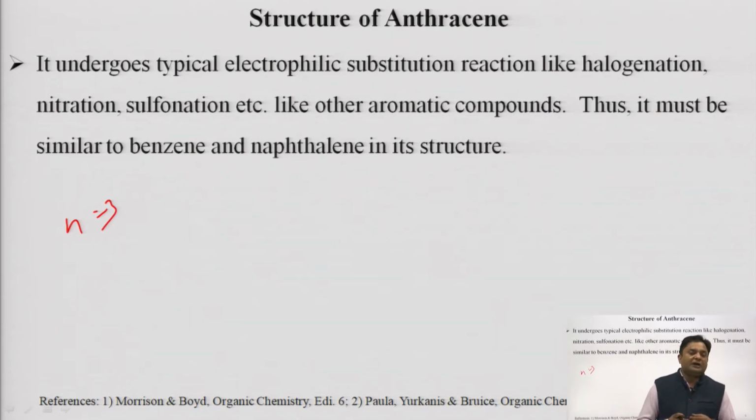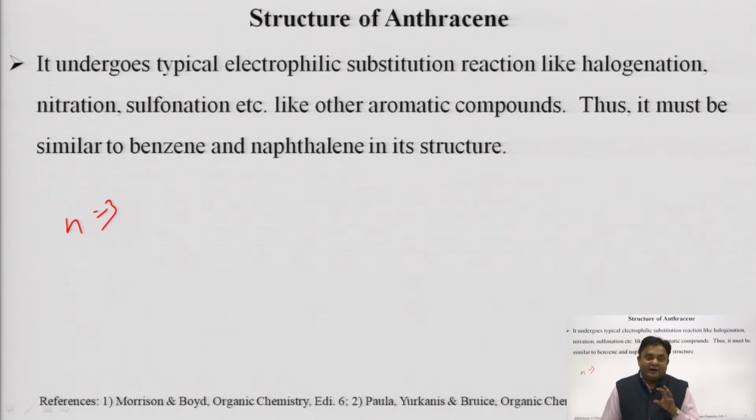Why are electron clouds present? Because there are 14 carbons in the structure of anthracene, and each carbon is sp2 hybridized. sp2 hybridized means it is a planar molecule.